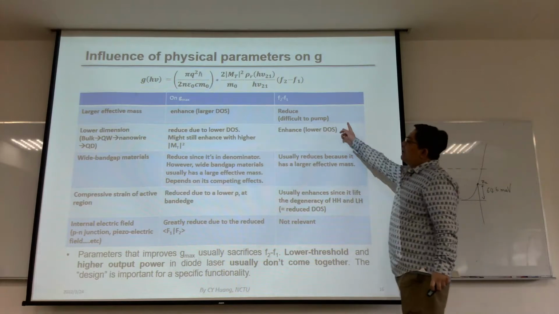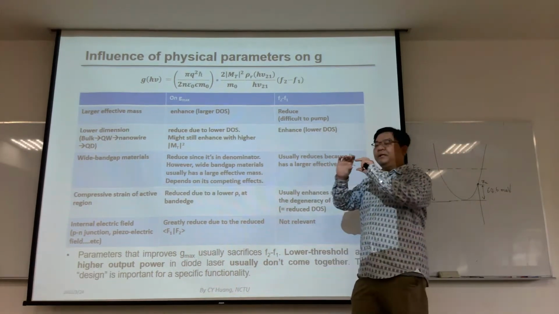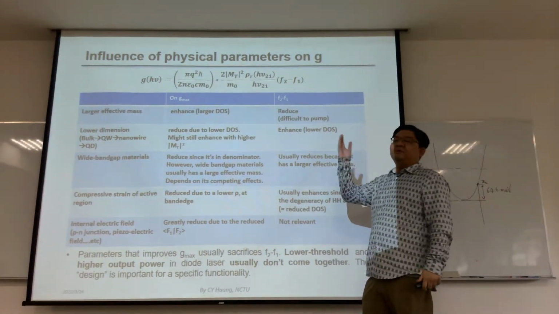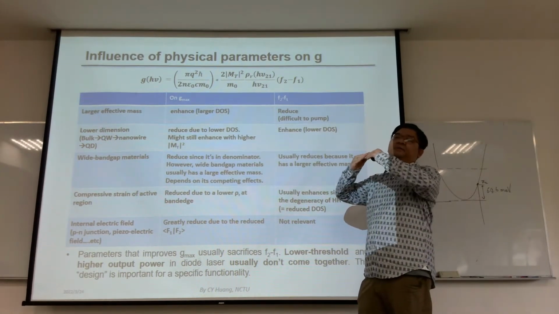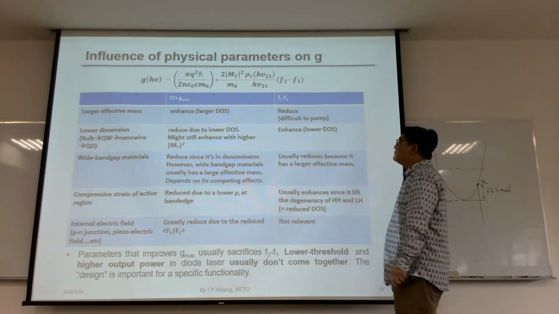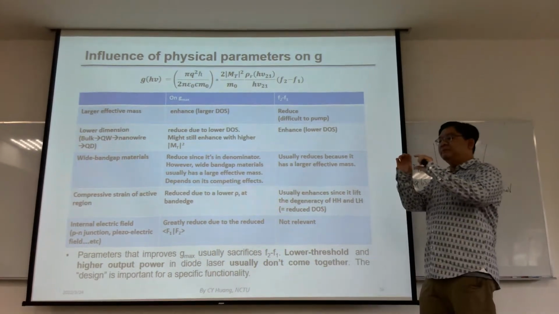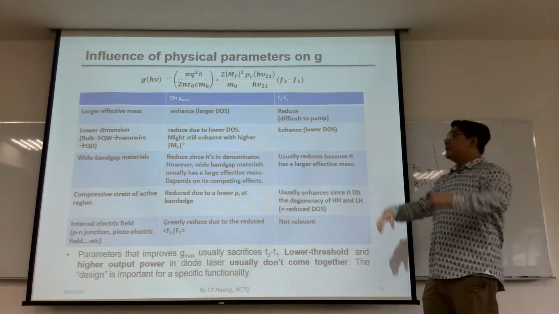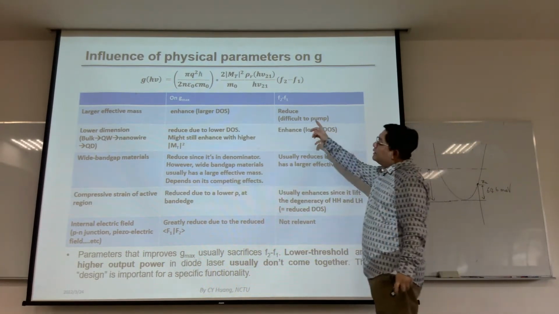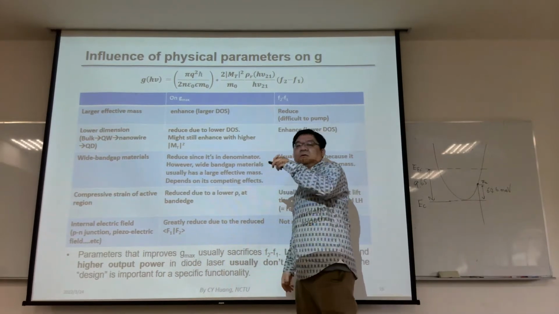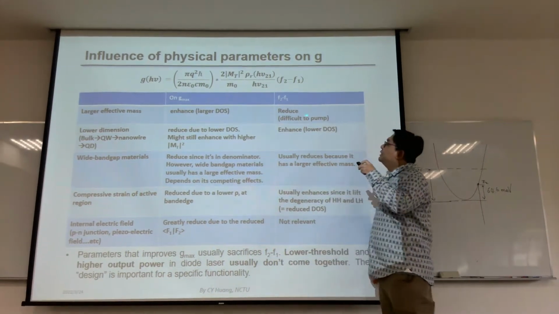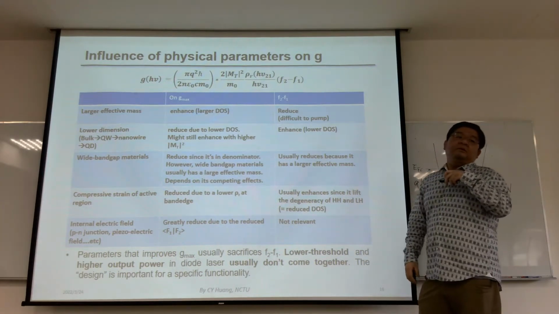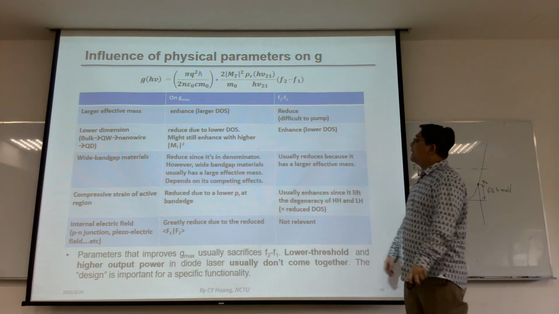But however, since you have so many states near the band edge, it is more difficult to make the Fermi levels separate, since you need to remove plenty of electrons from the valence band to the conduction band. So a higher effective mass material will reduce F2 minus F1 under the same pumping.